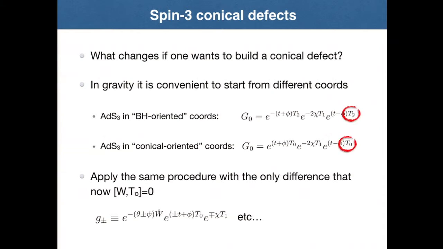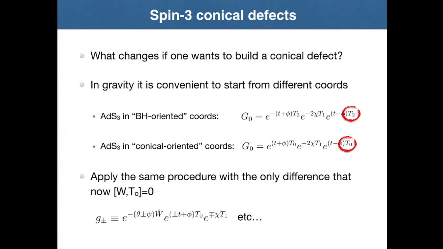Another thing that allows you to understand that the procedure seems to work well is that you can ask yourself what happens if you want to build conical defects. Essentially, you follow exactly the same procedure with a tiny difference. In the pure gravitational case, if you want to build a black hole, you start from the connection that I showed you with the group element that I showed you before. While if you want to write a conical defect, it's much better to work in another coordinate system, because these coordinates span exactly the patch that you have to cover in order to obtain a conical defect.